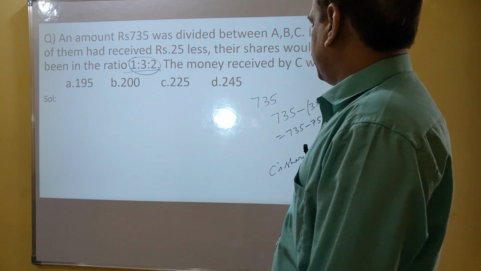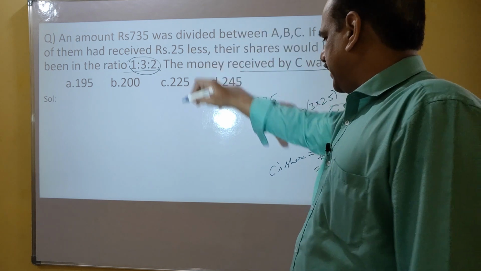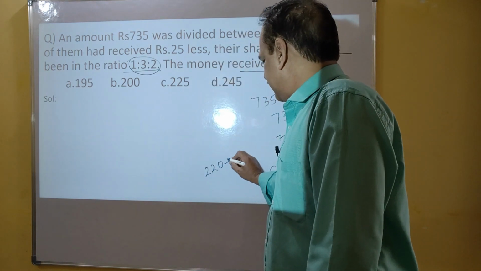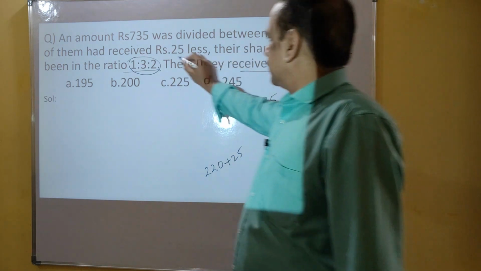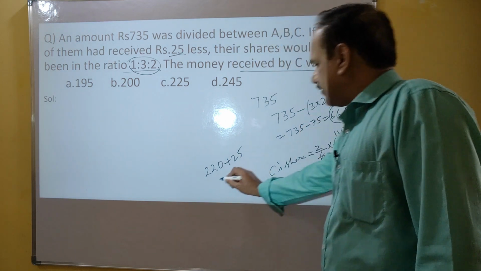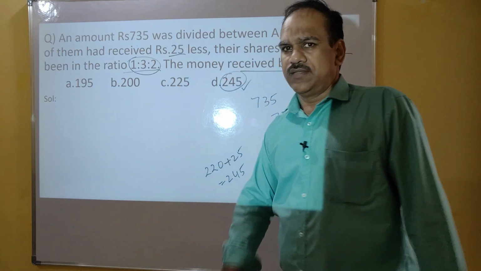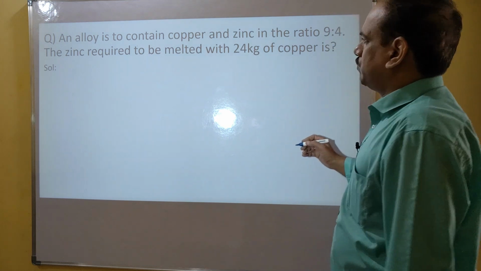But originally the amount received by C was 220 plus 25, because this 25 was already subtracted. So 245 is the answer.